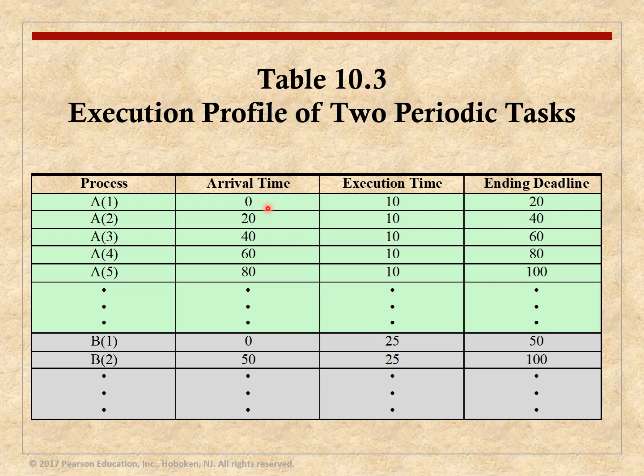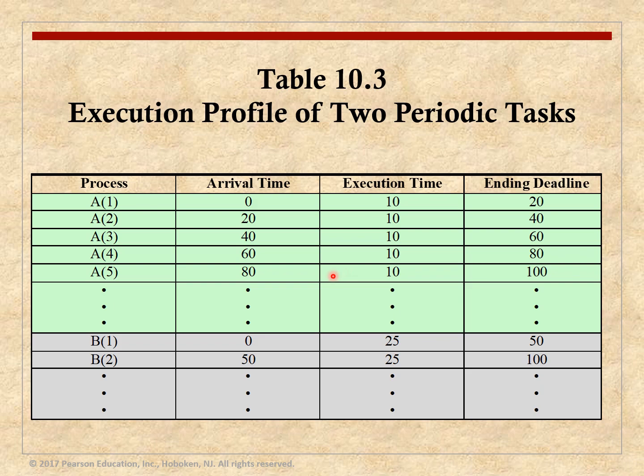For A, you have the pattern 0, 20, 40, 60, 80 and so on. For B, 0, 50, 100, 150 and so on. The execution time given to you is 10 for A, and for B is 25. Also given to you is the ending deadline for each process.